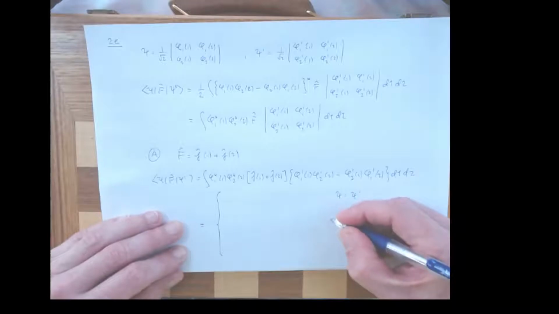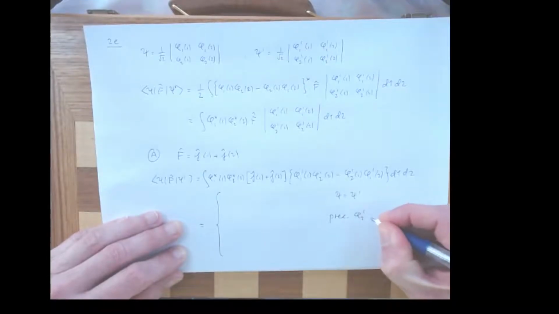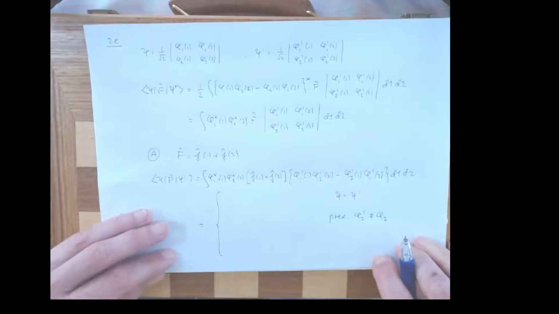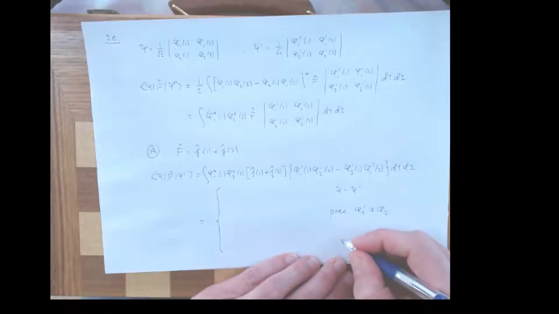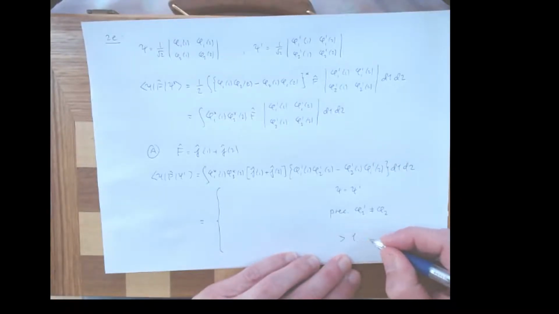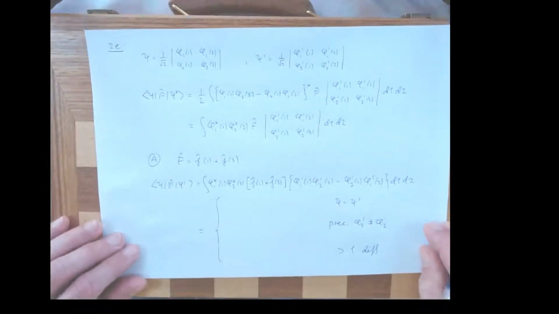So let me say that this second case is that precisely 2 prime is different from 2. This is just an arbitrary choice. I could have taken 1, of course. But the point is that there's exactly one difference between those two Slater determinants. And then the third possibility here is that there's more than one difference between the two Slater determinants.